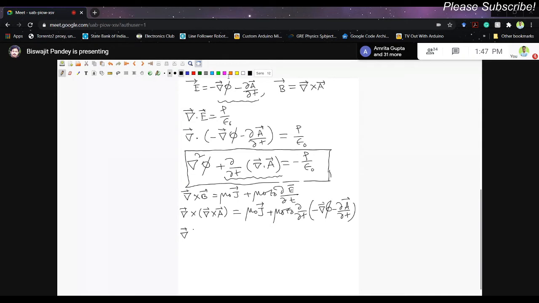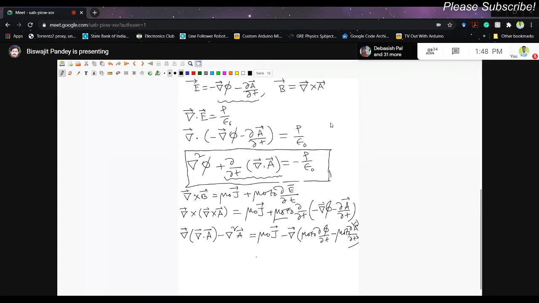You know that this is del of divergence of A minus Laplacian of the vector function A, equal to mu 0 J plus, you can take it outside the gradient because they are interchangeable, minus grad of mu 0 epsilon 0 del phi del T, and then mu 0 epsilon 0 as a common term, double derivative of A with respect to time.